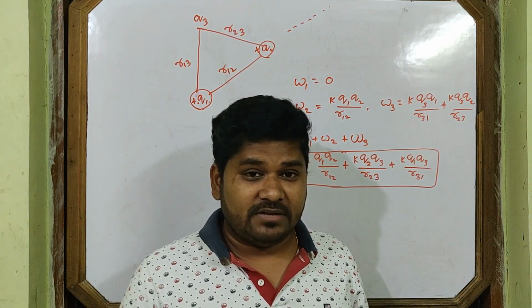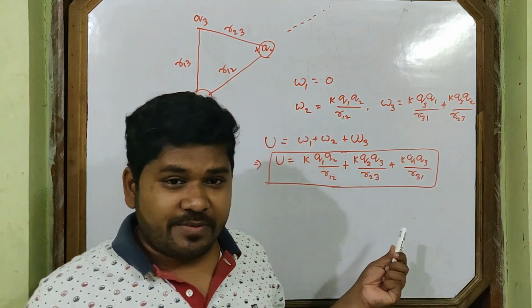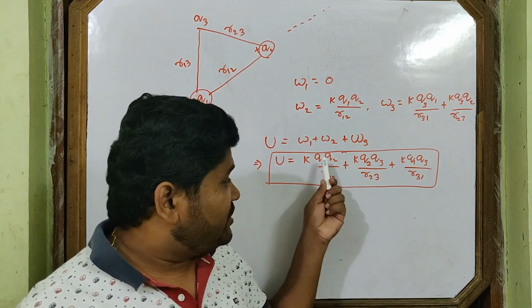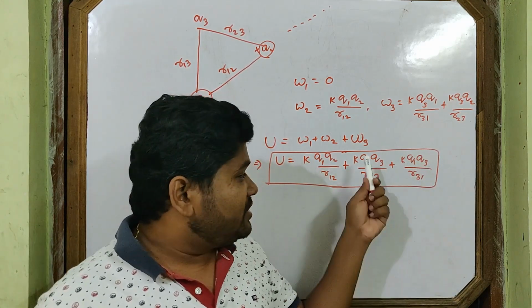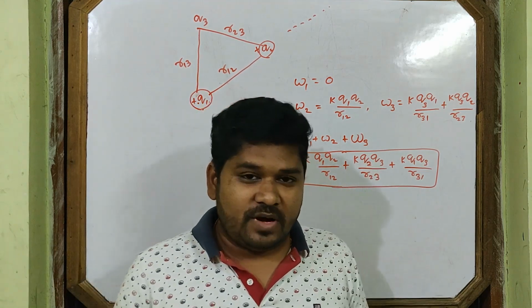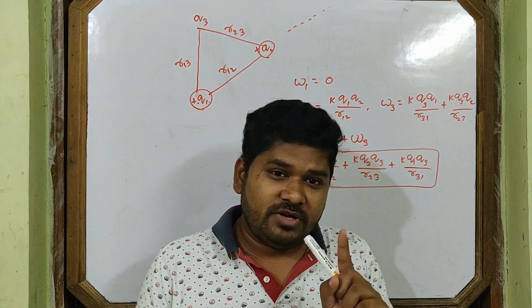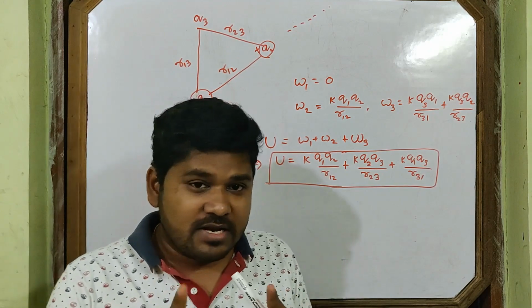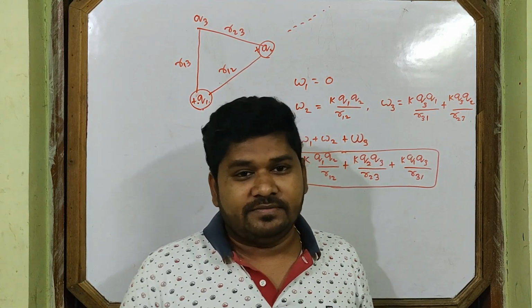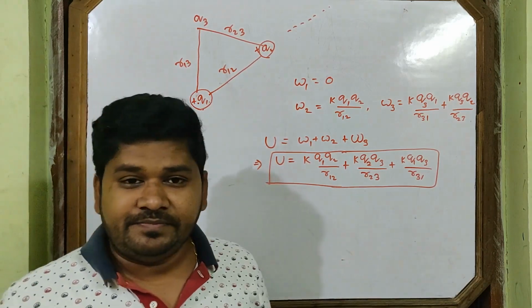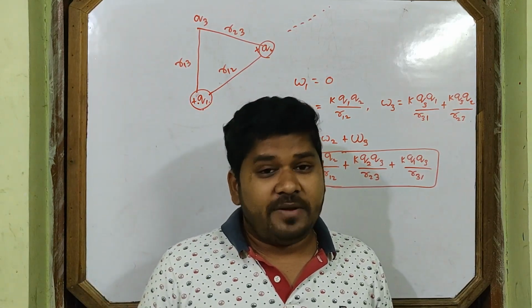It's very easy to remember: Q1 Q2, Q1 Q3, then Q2 Q3. One charge will be paired with another charge only once. 1 2, 1 3, 2 3. Very easy to remember this formula. This is the potential energy of a 3-particle system.